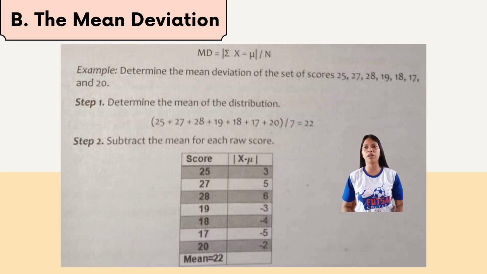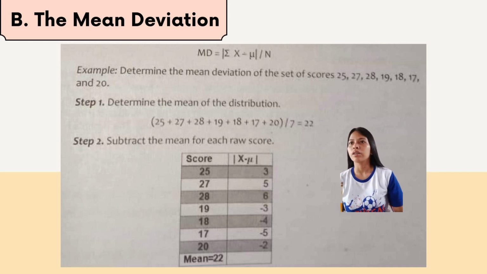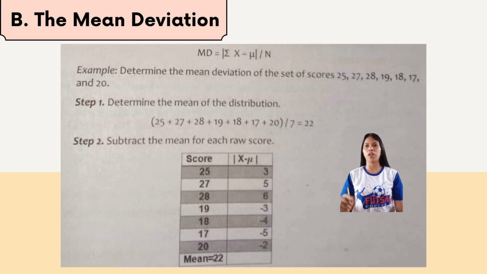Determine the mean of the distribution. 25 plus 27 plus 28 plus 19 plus 18 plus 17 plus 20 divided by 7 equals 22. Step 2, subtract the mean from each raw score.